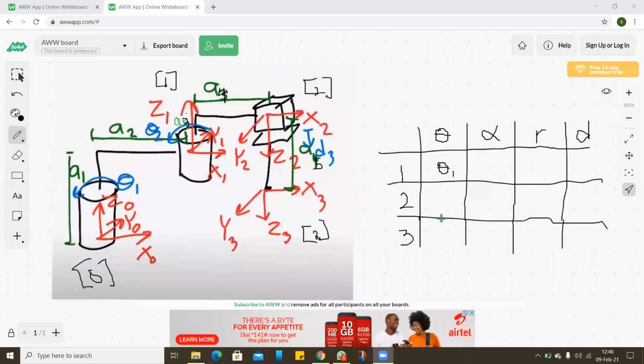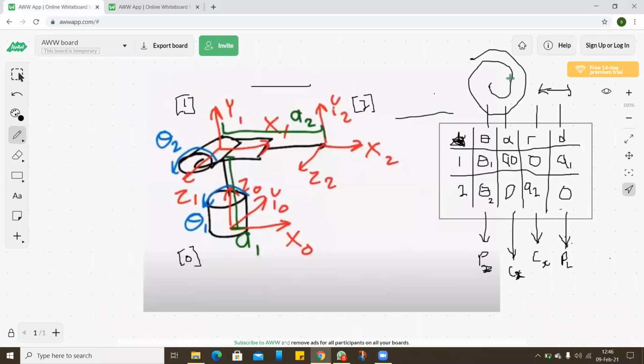I said that theta is the rotation of frame 0 to frame 1 along the previous z axis, which was z1, and here it will always be theta 1.